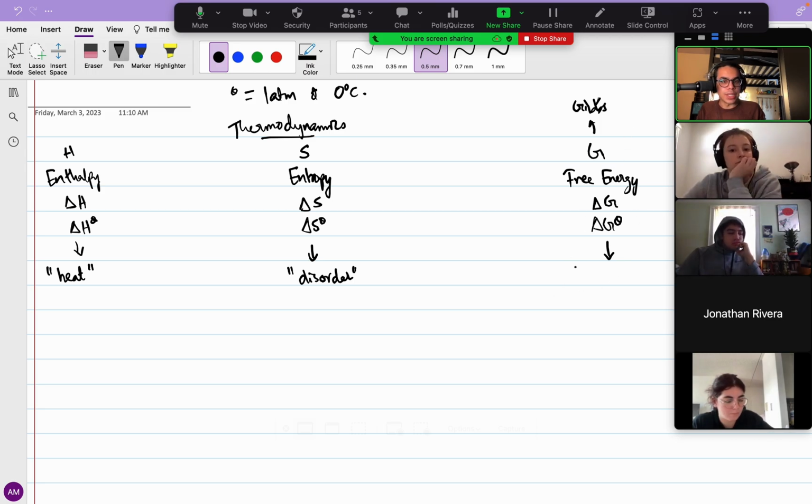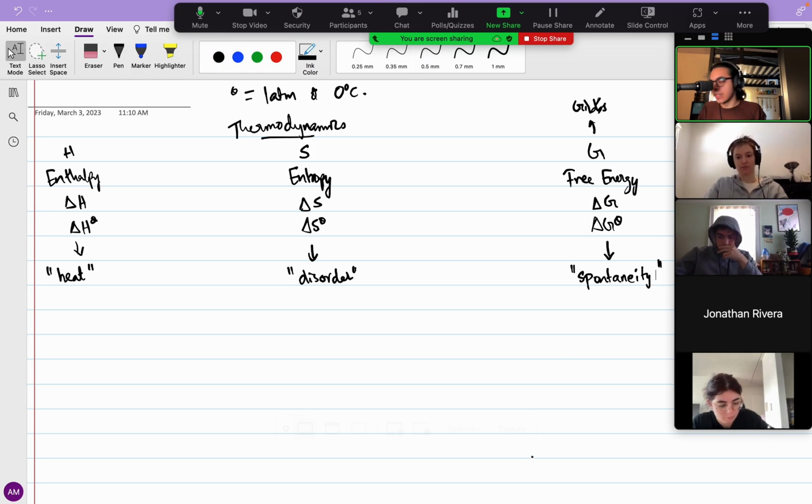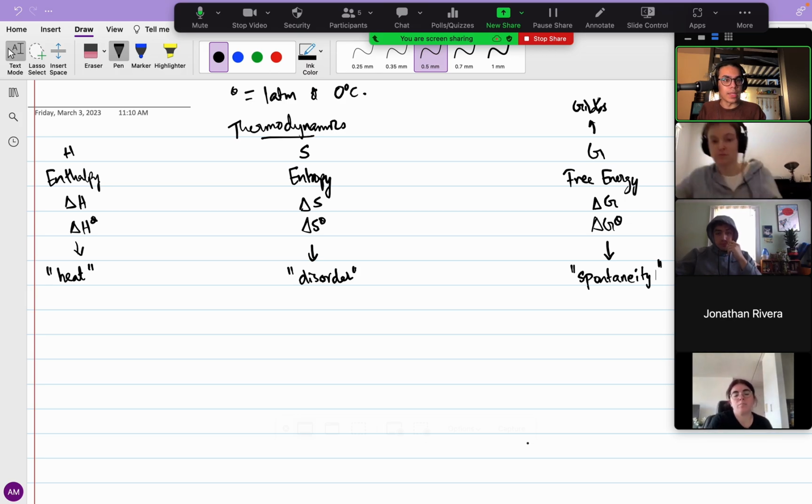And then free energy deals with, there's many reasons why this is useful, but our main reason will be spontaneity. Which is the question that if I mix two reactants, will a reaction take place immediately on its own without any other help? Or will I have to first heat it up or put a spark or something or burn it or whatever, right? Does it happen by itself? That's spontaneous.